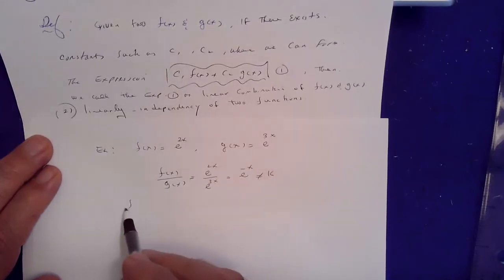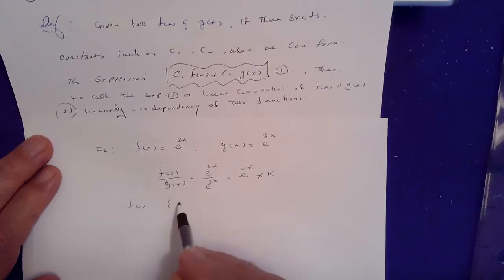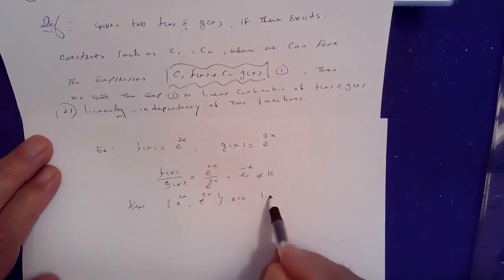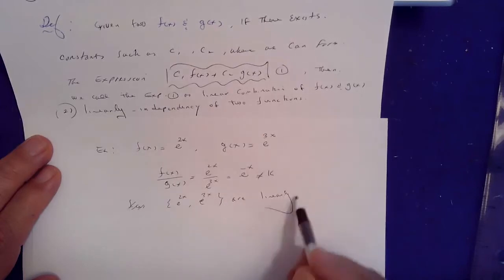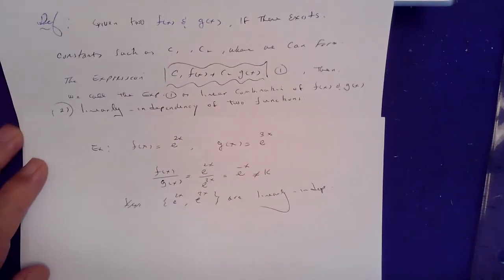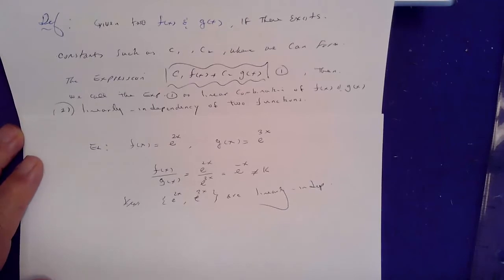Therefore, the conclusion is e to the 2x and e to the 3x are linearly independent. In layman's terms, that means they cannot be combined.